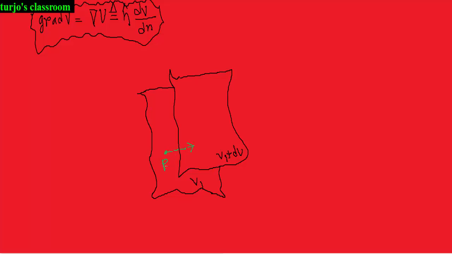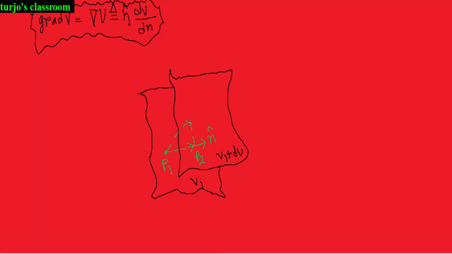So the figure here shows two surfaces on which the magnitude of V is constant, having the values V1 and V1 plus dV, that is slightly bigger than V1, respectively.